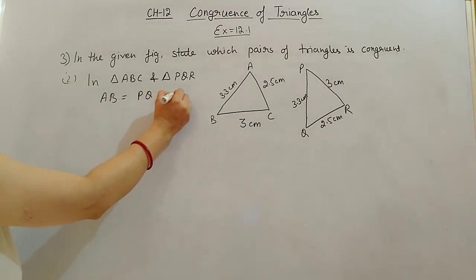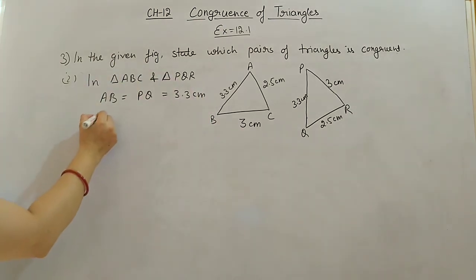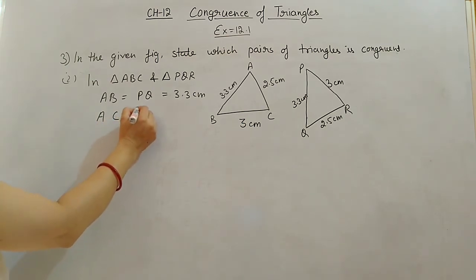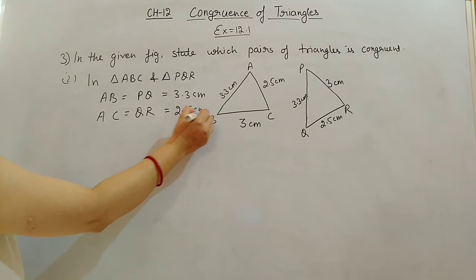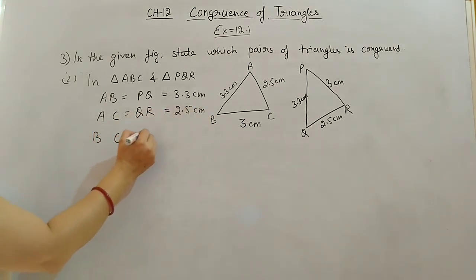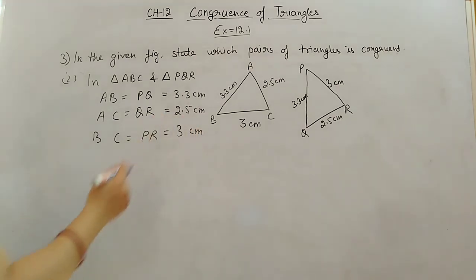Both are 3.3 centimeter. Then next, AC is equal to QR, 2.5 centimeter. And third, BC is equal to PR, which is equal to 3 centimeter.